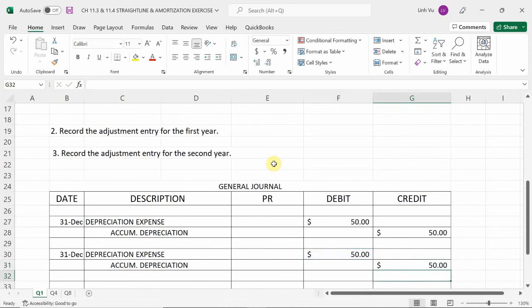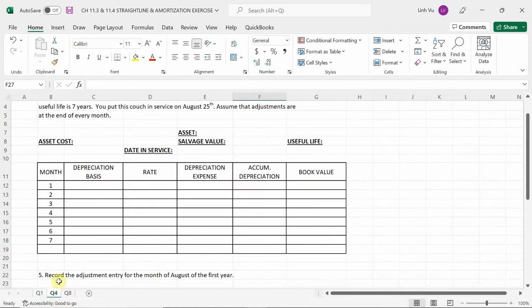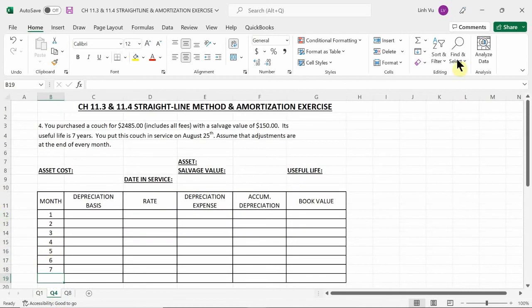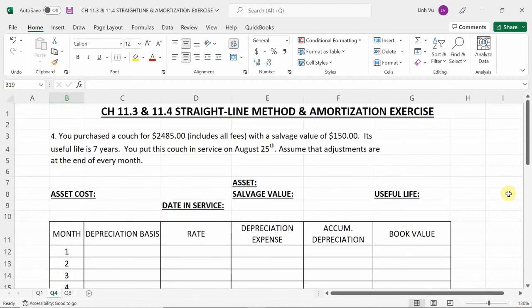So, next problem. In this case, we're still on depreciation. We're on 11.3 still. So here, you decide to purchase a couch for $2,485, which includes all the fees, with a salvage value of $150.